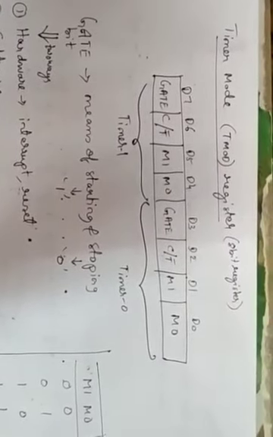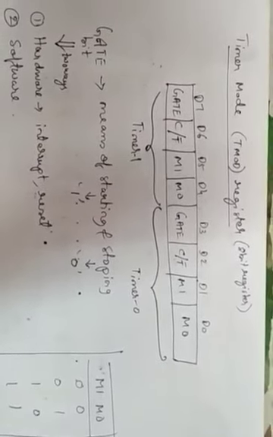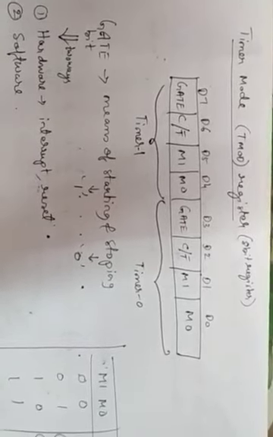The same 4 bits are repeated again. Now let us understand the meaning of GATE, C/T bar, M1, M0 for both cases, that is for timer 1 and timer 0, it is the same.